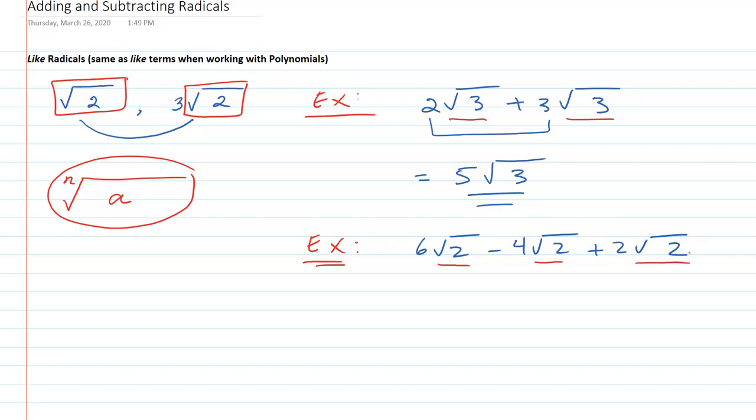Now we can go through one thing at a time. 6 minus 4 would be 2, and then we add another 2 to it, so plus 2. Together we have 4 root 2 after we do the math.